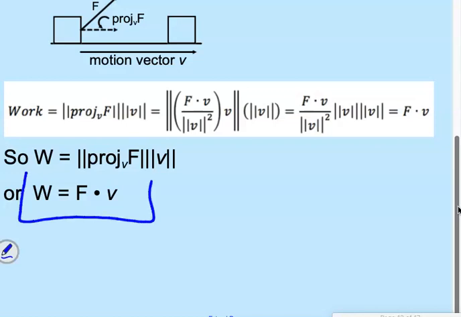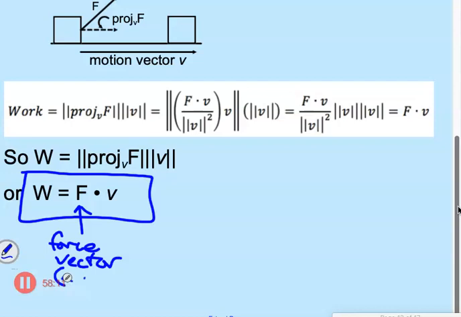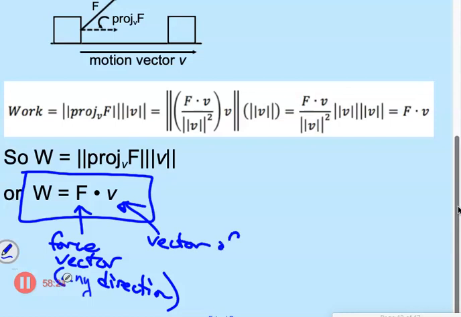Work is actually just the dot product of F and V. F is your force vector in any direction. V, that's your vector of motion.